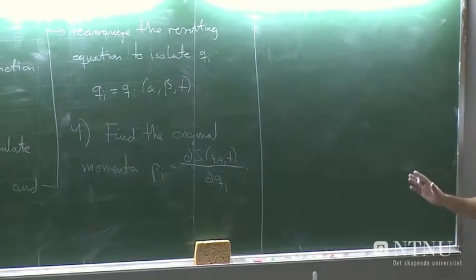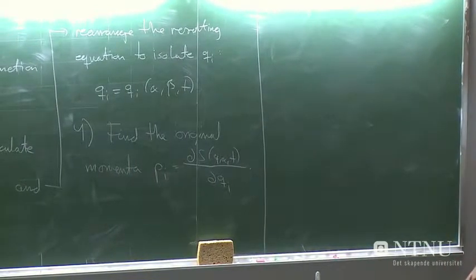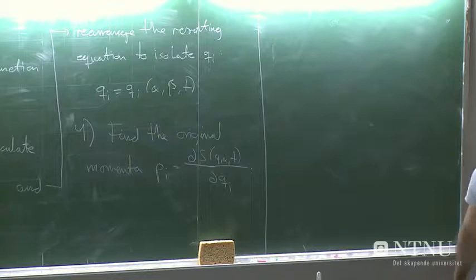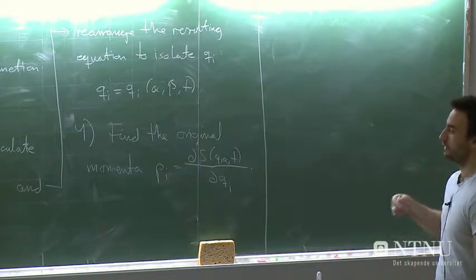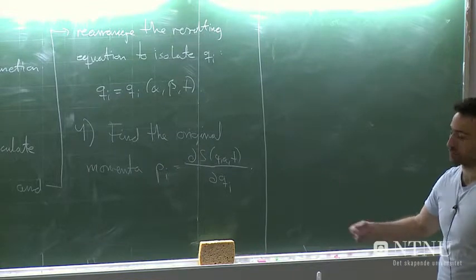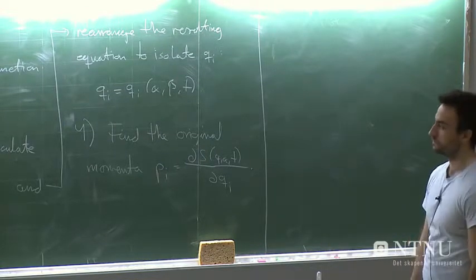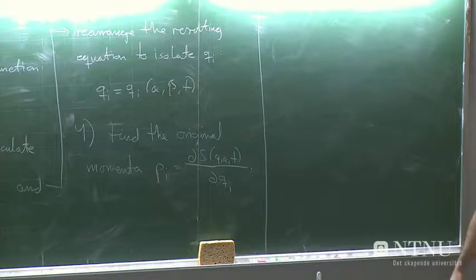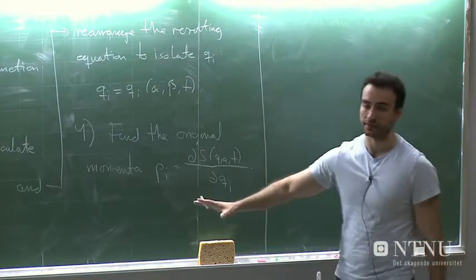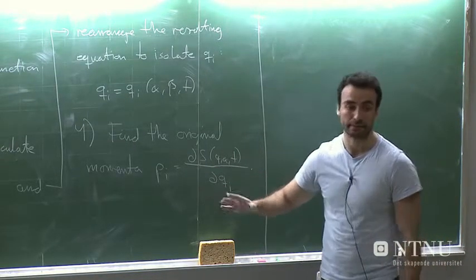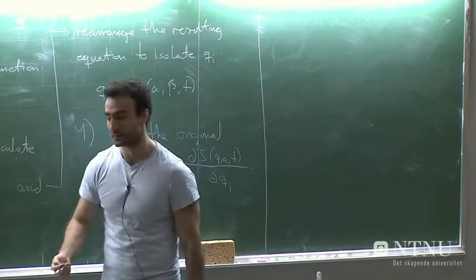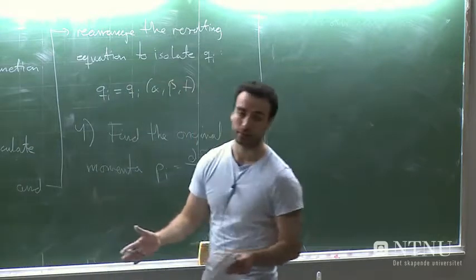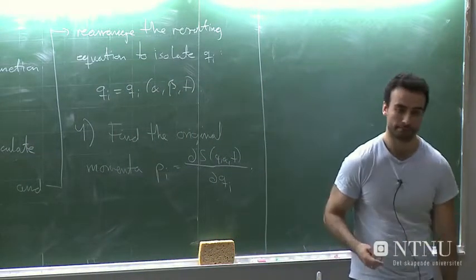And that's basically the general strategy that you may follow while using Hamilton Jacobi theory. So you find S, you find Q, and you find P. The hardest part of this strategy is basically the initial step to solve for S. Once you have S, it's a matter of doing some algebraic manipulations and doing derivation.